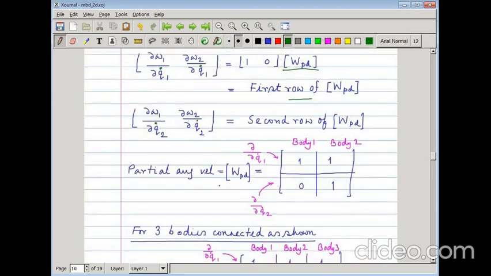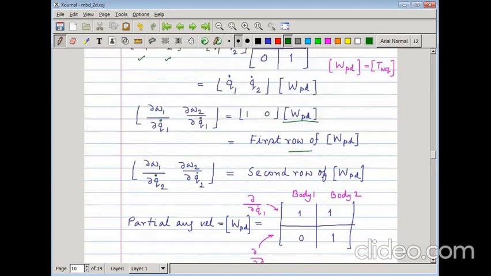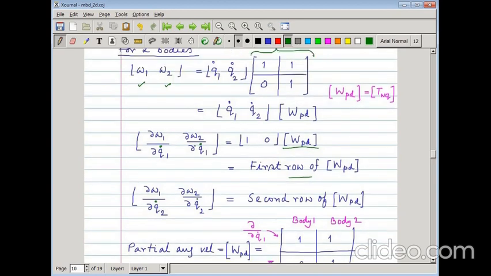So partial angular velocity WPD is 1 1 0 1. So you have noted that WPD and T omega q are same in this case. For plane motion of pin jointed bodies, WPD is T omega q.